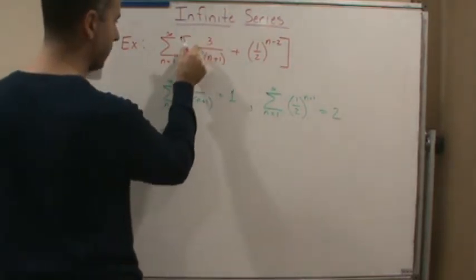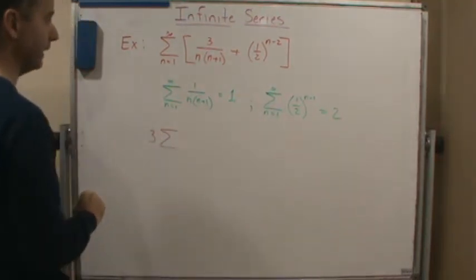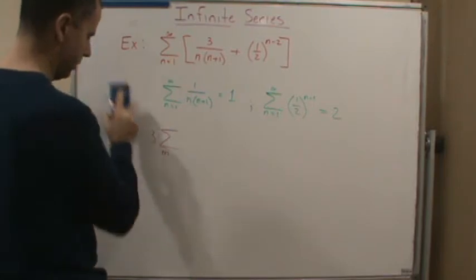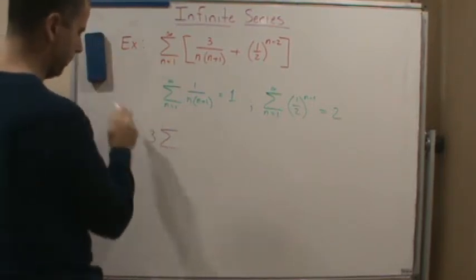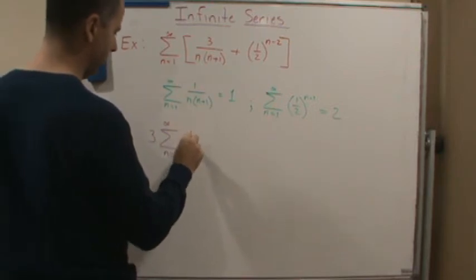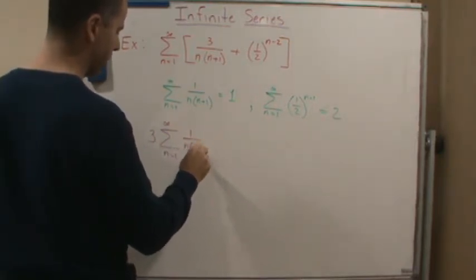There's a constant 3 here, so I can pull that 3 out. So I'm going to write this as 3 times the summation of n equals 1 to infinity of 1 over n times n plus 1.